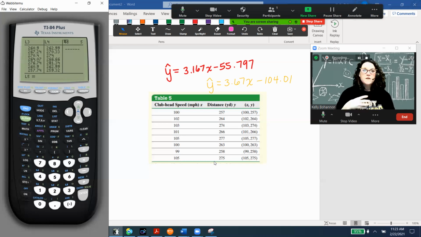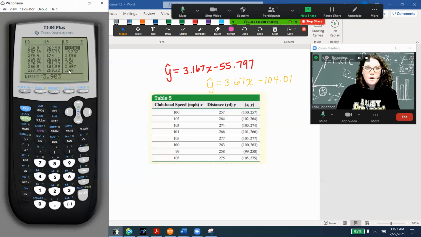So I'm going to do L2 minus L3. That's going to be my red predictor. That is the distances away.